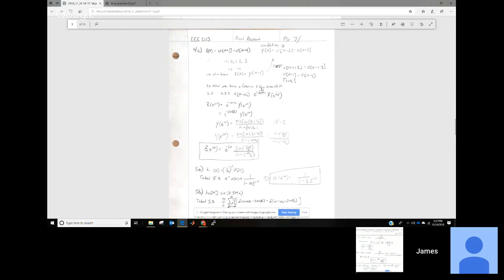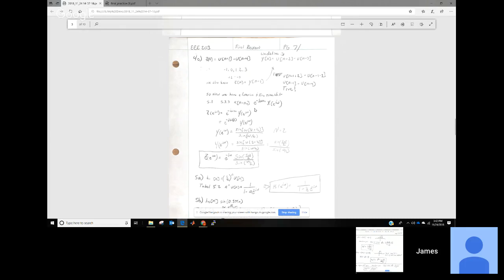Now that we have the function and it's time shifted, we can use table 5.1, property 5.3.3, that says x of n minus n0 is equal to e to the minus jw n0 times x of e to the jw. So this is Y of e to the jw, which we calculated up here.